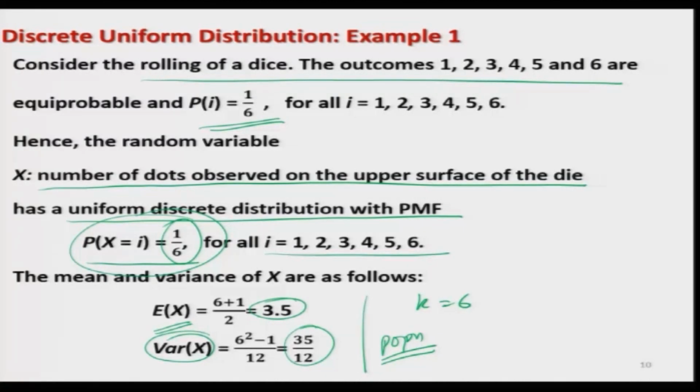Now let us conduct these things in the R software, but before that I would like you to first understand this concept. Whatever mean and variance I have given you here, try to find them yourself, doing some mathematical algebra.